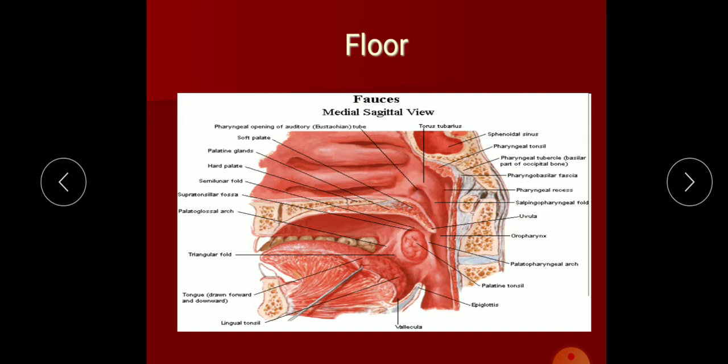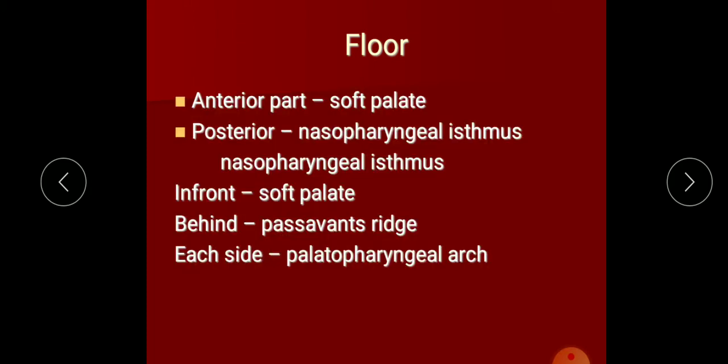The palatopharyngeus muscle along with the superior constrictor will form the Passavant's ridge, which will reinforce that nasopharyngeal isthmus posteriorly. So read that. Nasopharyngeal isthmus has got in front soft palate, behind Passavant's ridge, and on either side palatopharyngeal arch. So finish the floor.